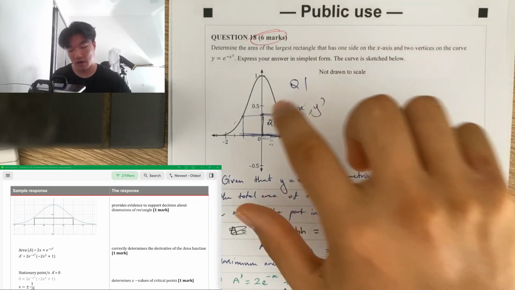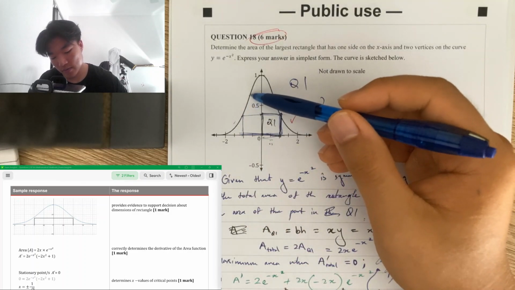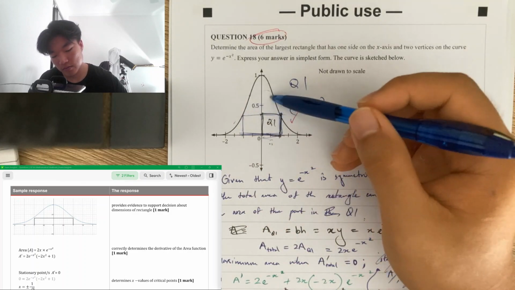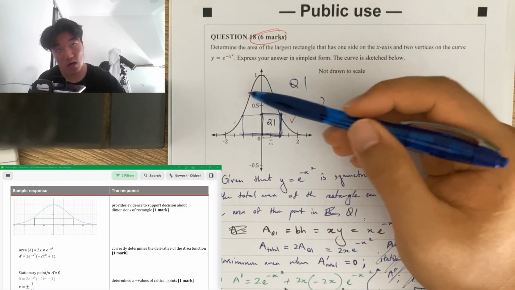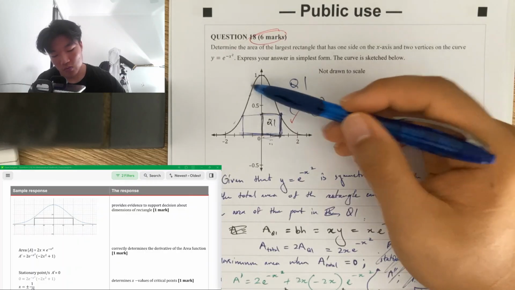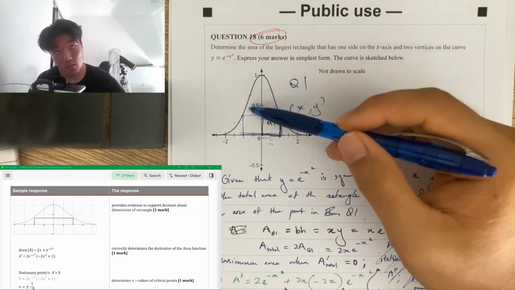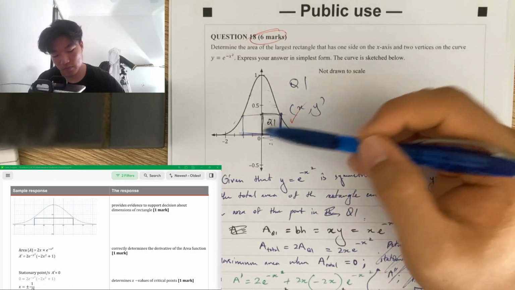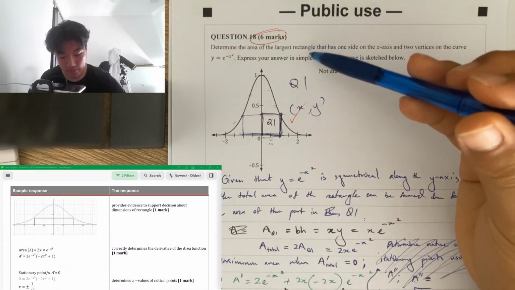Basically, we want to find a rectangle, right? That's defined by this function, where the two highest vertices are on the graph. So you basically make a rectangle based on this, and you want the largest rectangle area.